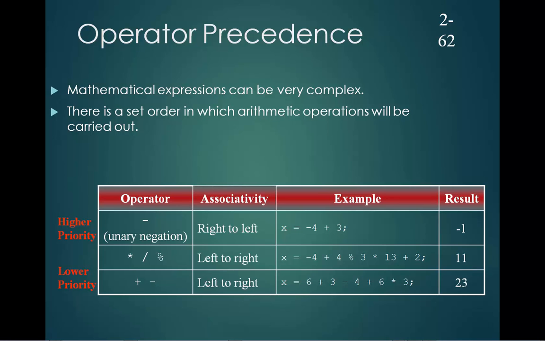You may be familiar with order of operations from math class. There is an order of operations in Java as well. It's basically what allows us to make sense of larger strings that include multiple operators, because we need to know which operations happen first.